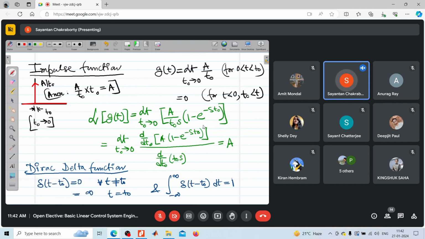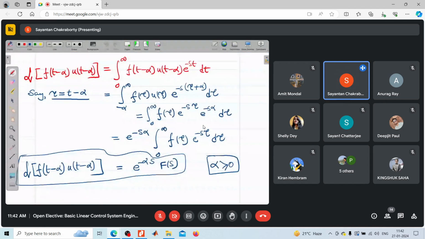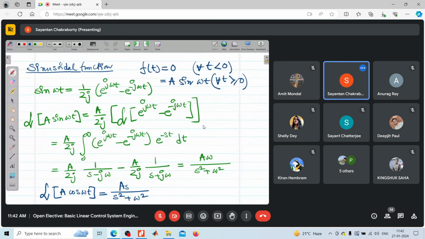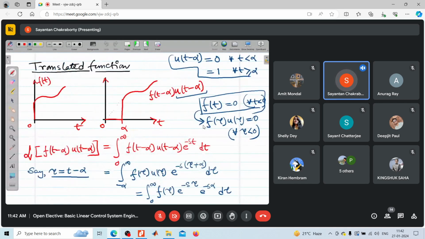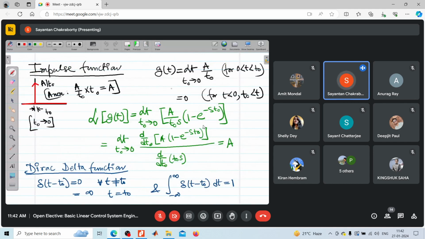Okay, so we'll come into these signals again when studying the transient response of a system. This is a very common function. Now I'm just giving you an idea of the Laplace transform. Any function defined by mathematical expressions can be represented by a formulation, and then we have used algebraic formulation and some standard procedures like translation, and a pulse is a discontinuous function, as is an impulse function.